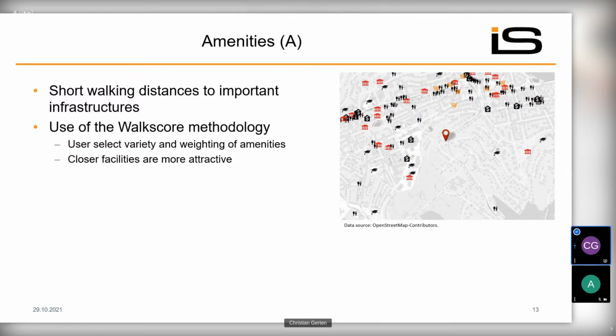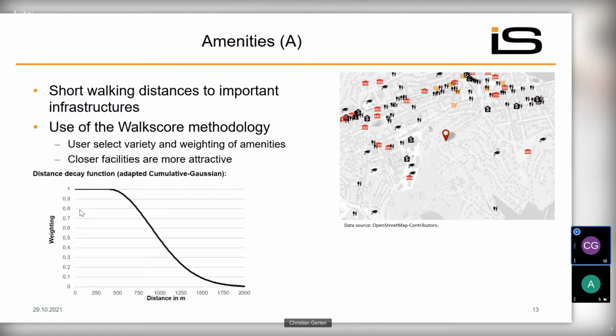But if it's, I don't know, 2 kilometers away, maybe you need a car or other mobility options to get there. Here we mainly use the Walk Score methodology, but in our case, the user can select the variety and weightings of the amenities on their own. And we also say that closer facilities are more attractive than facilities which are at a longer distance.